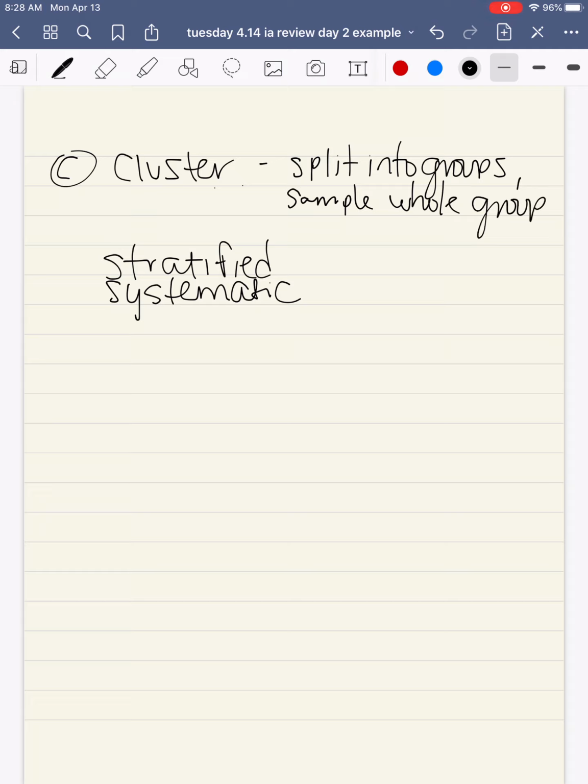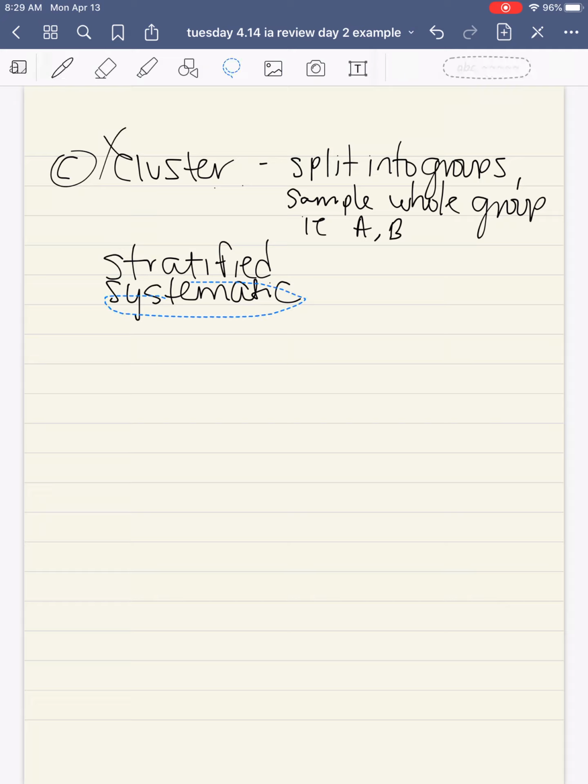So maybe I pick 2 groups or 3 groups to do. So let's say, for example, I only do model A and model B. Well, the concern is that we won't have 12 owners selected for model D and E. So if I pick clustering, there's not a guarantee that I'm going to get 12 owners from every single group.